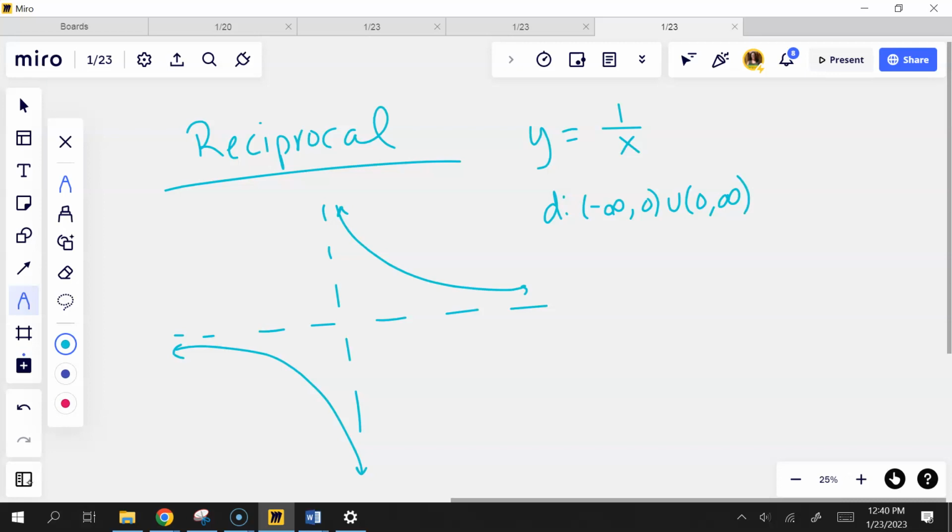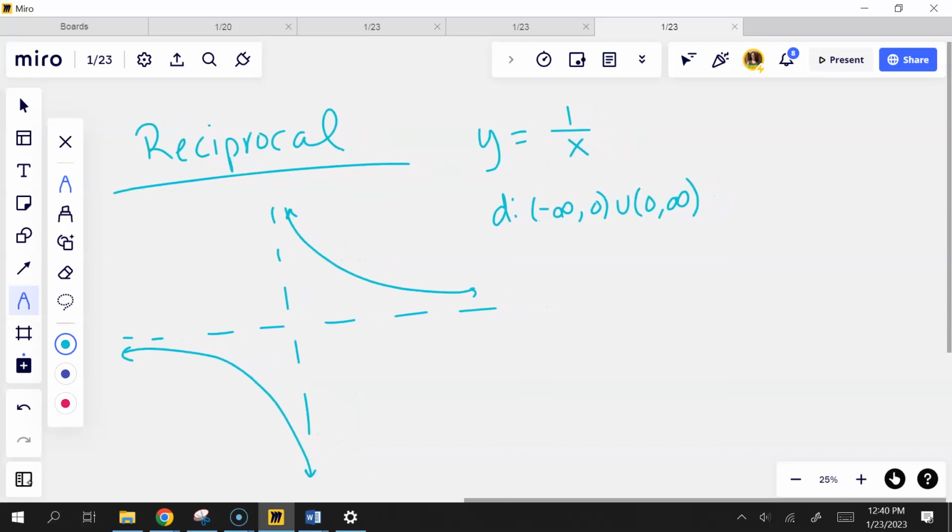That's right. How about range? Same thing. We'll work on transforming them tomorrow. Today we'll just focus on what the parents look like.